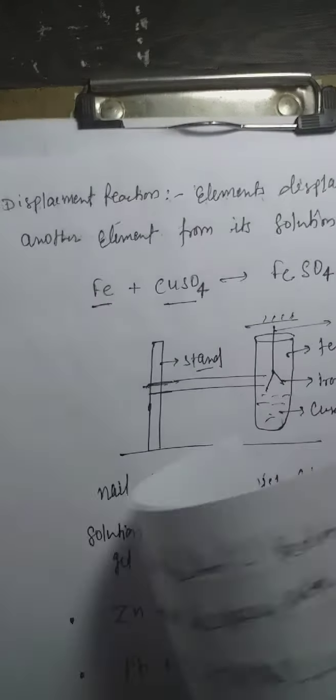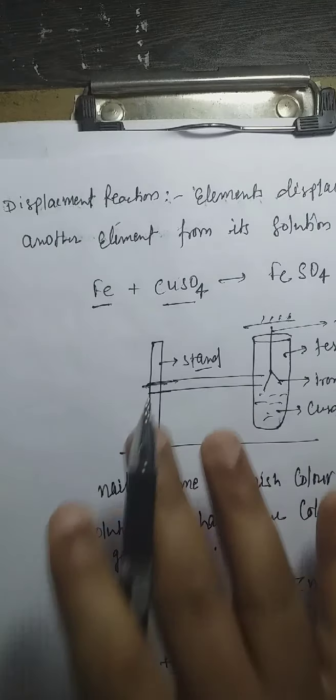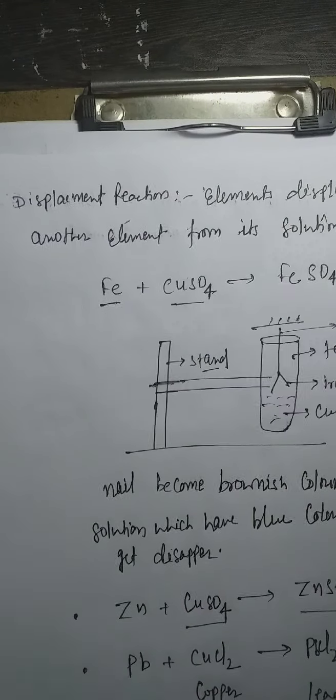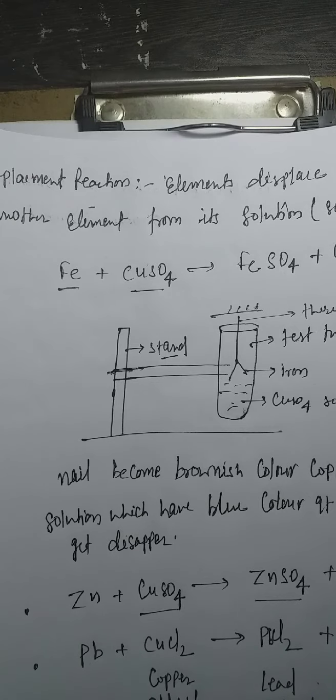Memorize this. This is all about our important topic. One is the displacement reaction, in which we displace the less active element by a more active one. Only one element is going to be displaced.